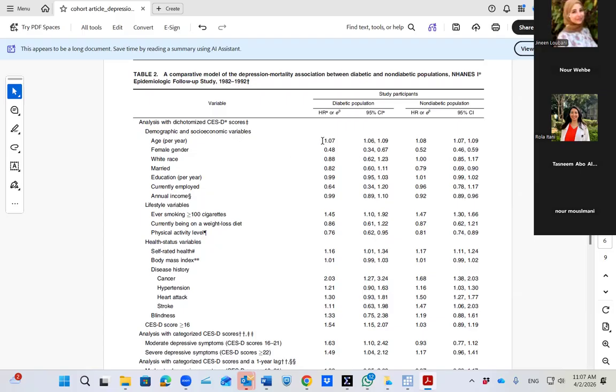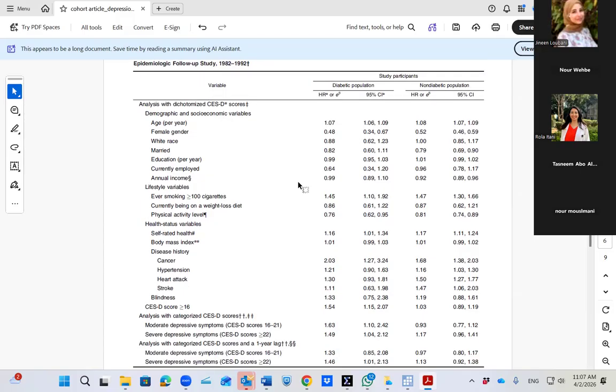Is this the hazard ratio of depression with mortality, or is it age and mortality? Depression with mortality adjusting for age.